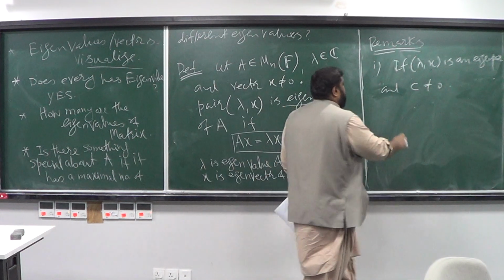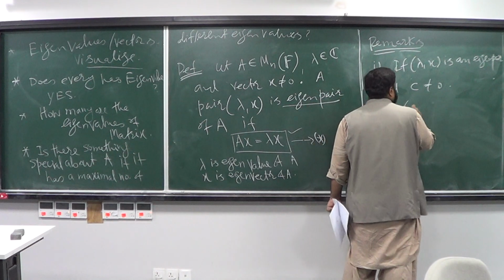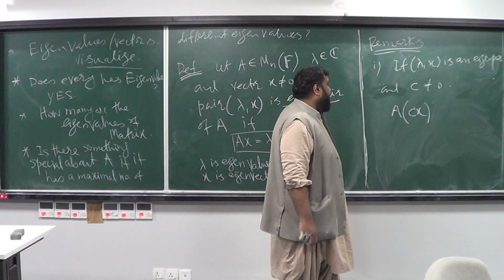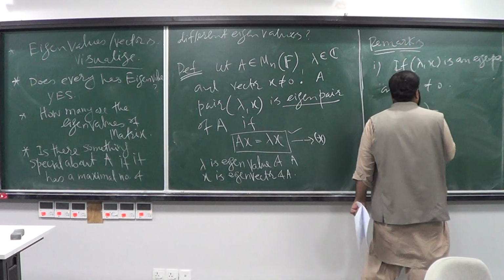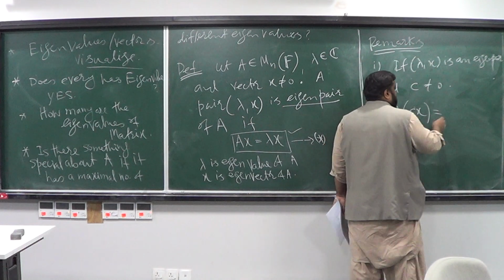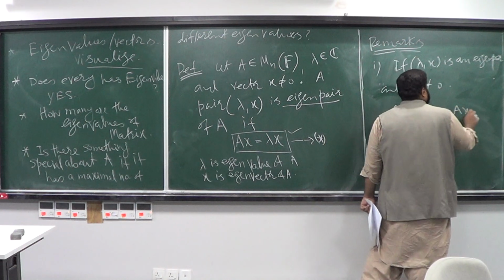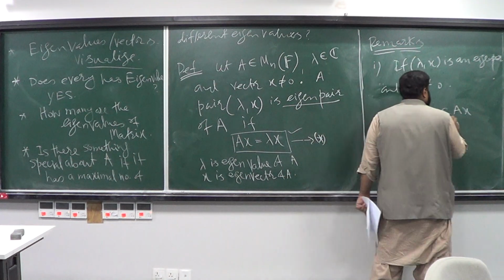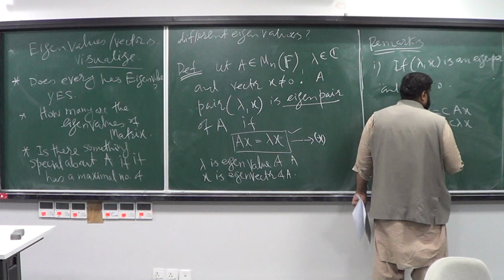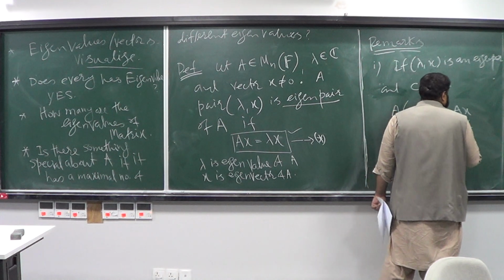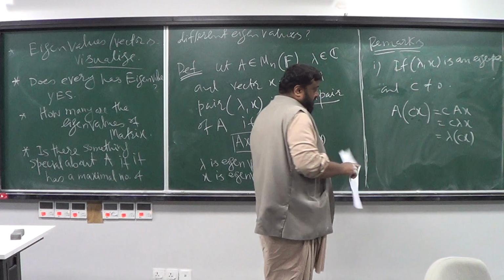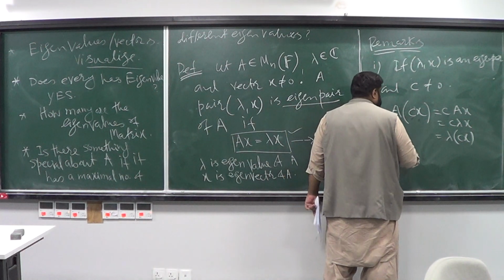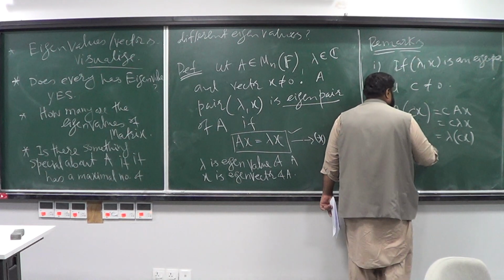So if you transform the vector cx under A, which is a multiple of the vector x, I can write this as c times Ax, since c is a constant you can pull it out, and this is c lambda x, or you can write it as lambda times cx. So this also shows that lambda cx is an eigenpair.